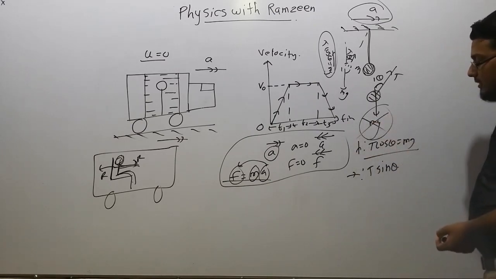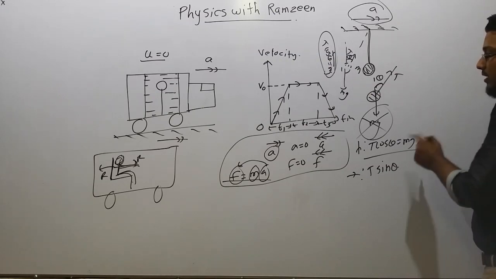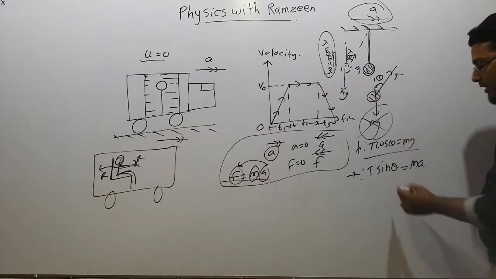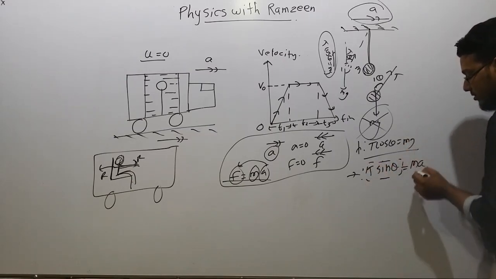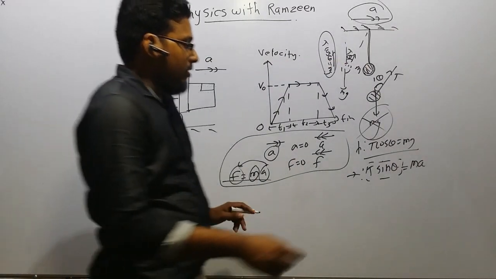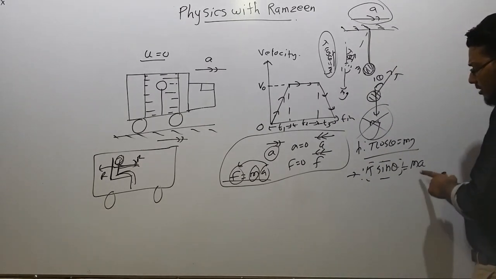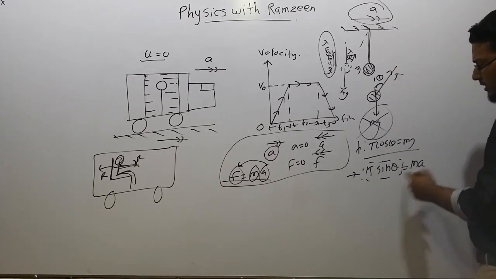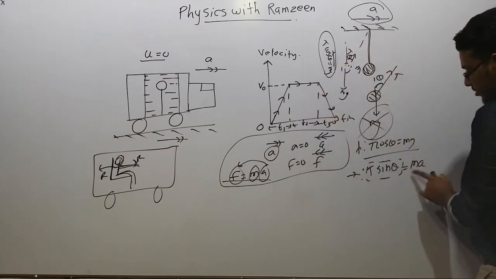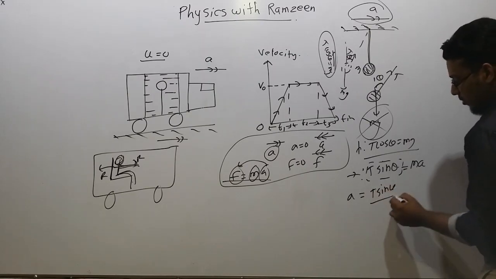Then T sin theta is the horizontal resultant force acting on the mass, and it equals m into a. The resultant force is equal to mass multiplied by the acceleration, right? So I can say this is the acceleration. So T sin theta equals m into a, so a equals T sin theta over m.